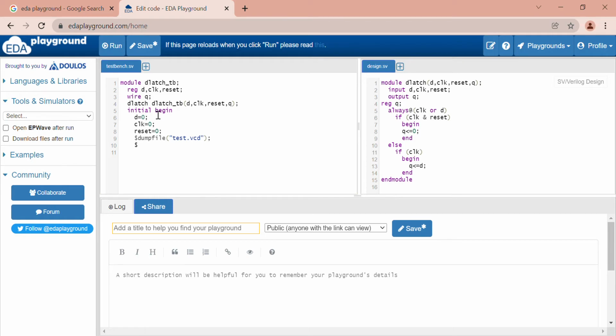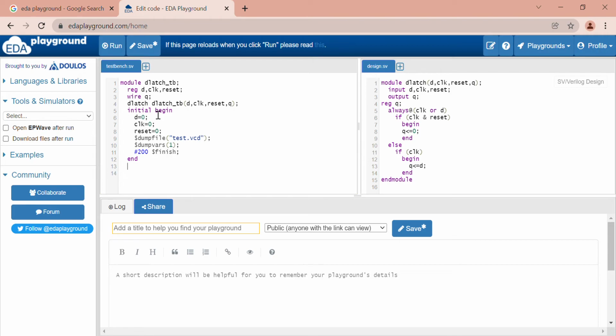Then $dumpvars, #200 $finish. So after 200 time units it will finish the code.